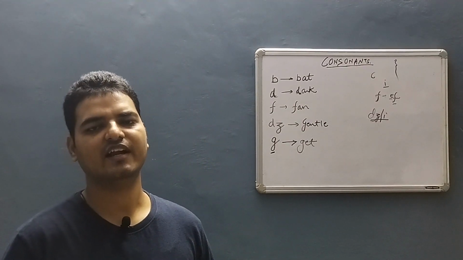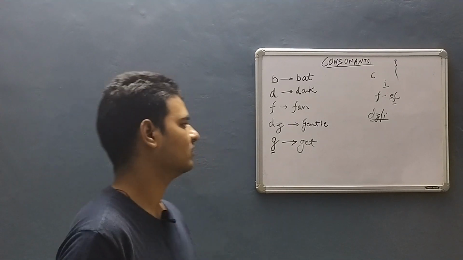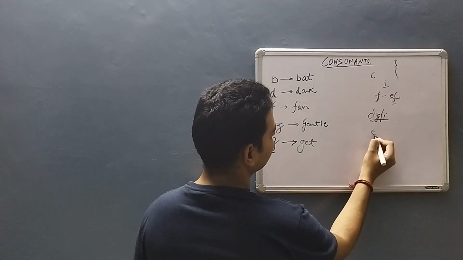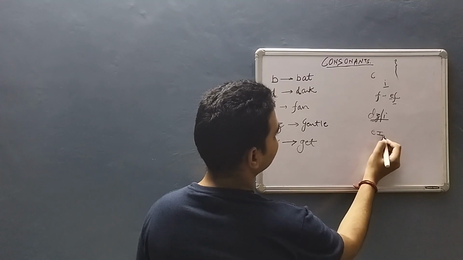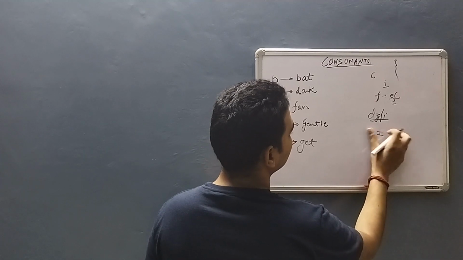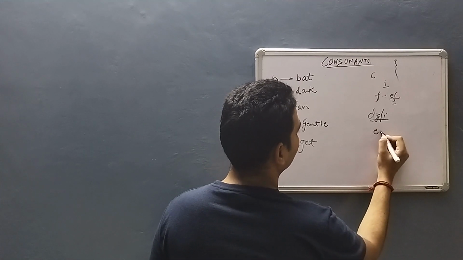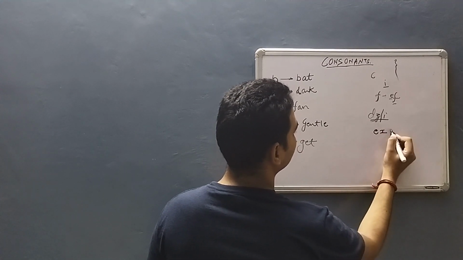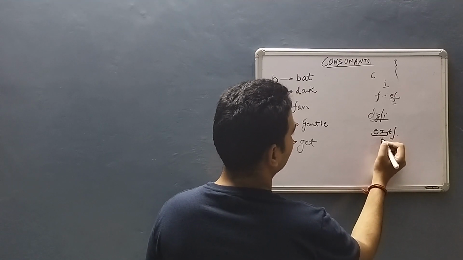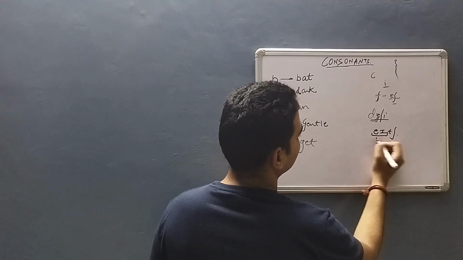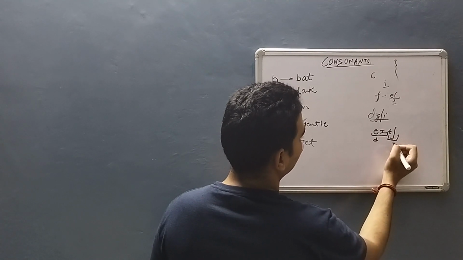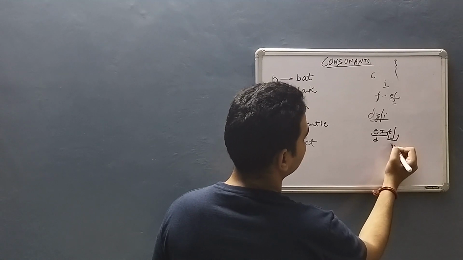The next letter is H. H is written in this way. This is a diphthong, and this is the Ch sound, which itself is a consonant.